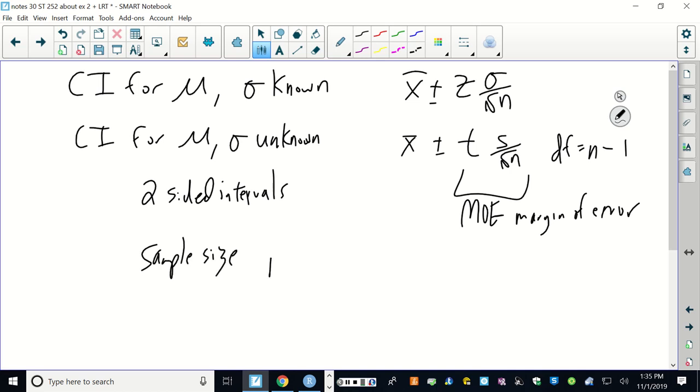Right, we could say that in setting this equal to some value, particularly in the normal case, if this is our margin of error, some value n, like plus or minus 5 pounds or something, we could calculate the sample size. We would need it for a certain level of accuracy.